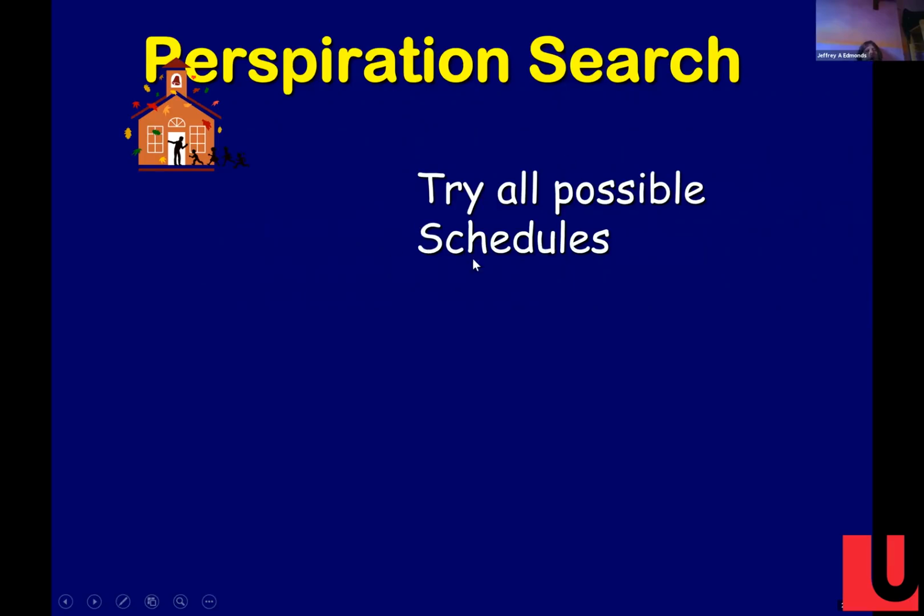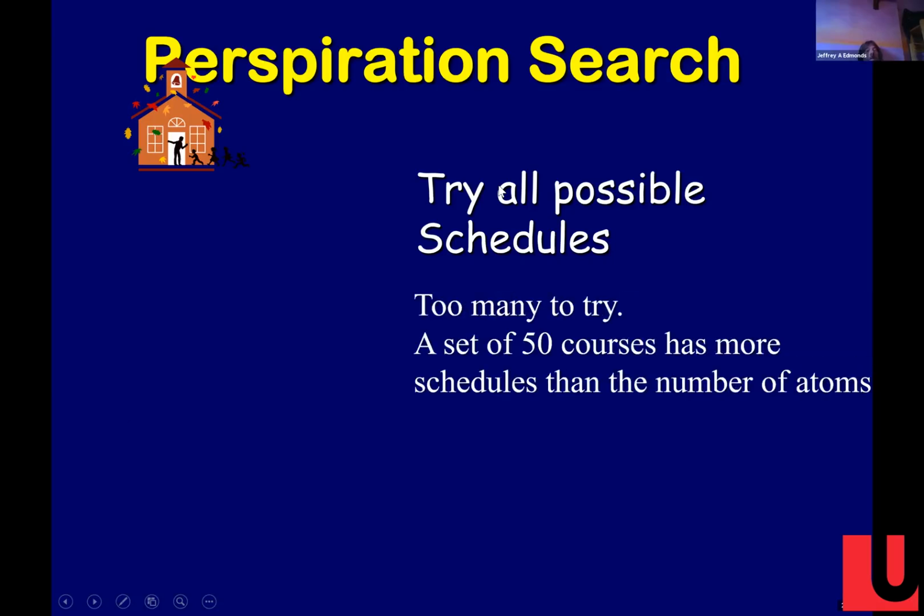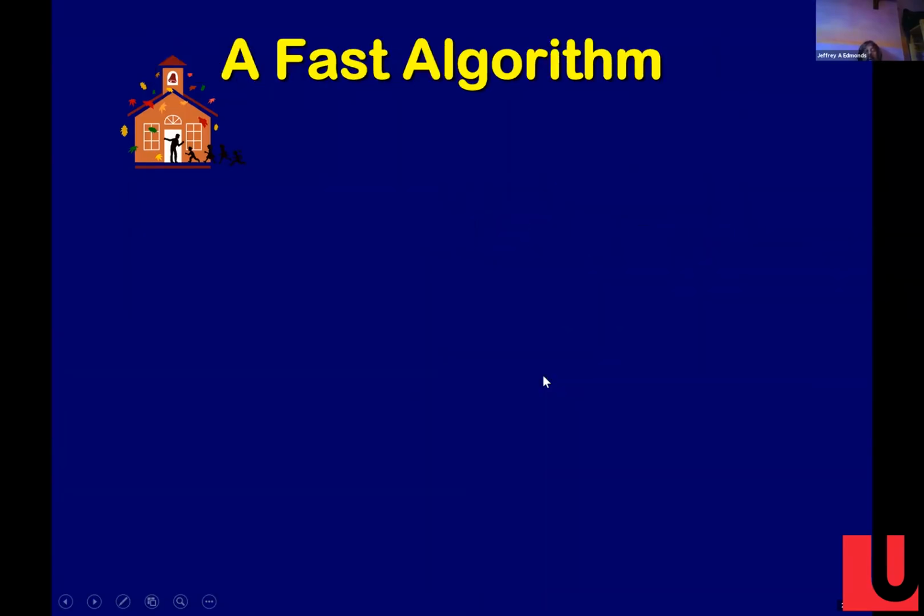All right, so what's the brute force? The brute force search is you try all possible schedules, but there are an exponential number of them. Meaning if we had 50 courses, then suddenly the number of schedules is more than the number of atoms in the entire universe. Is there a fast algorithm?